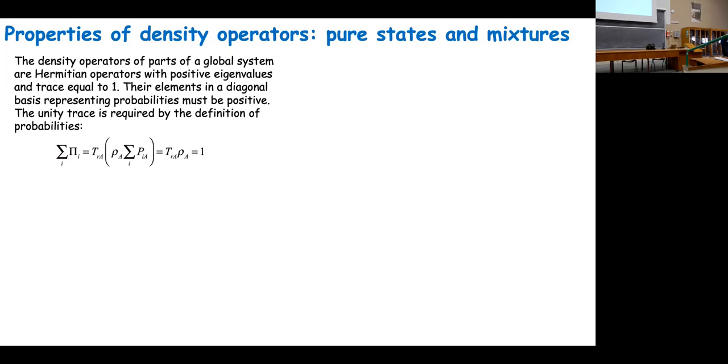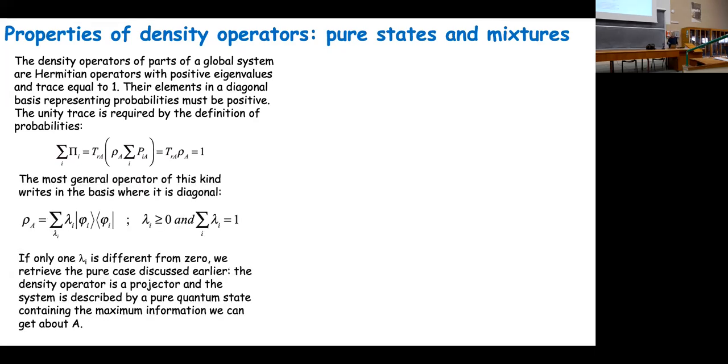So this density operator of the system A is a Hermitian operator with a trace equal to 1. What else can we say? You can express it in a basis which is diagonal. You can always diagonalize a Hermitian operator.